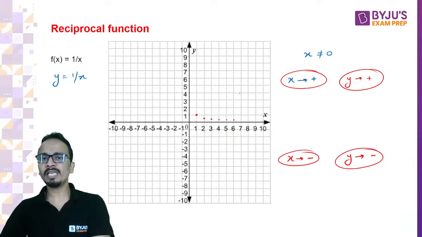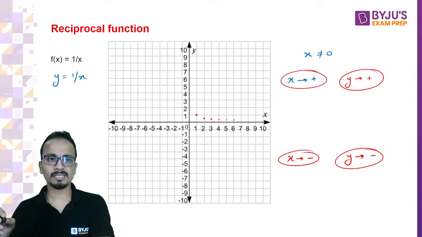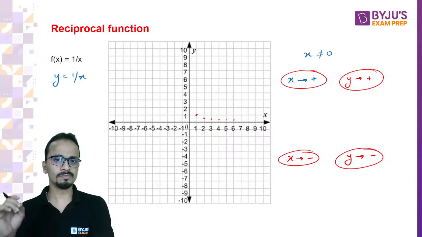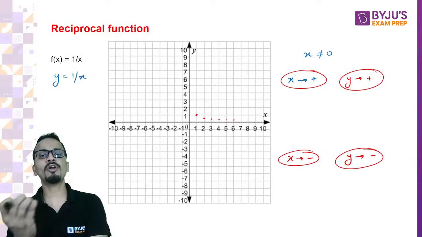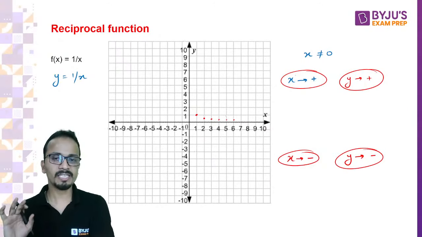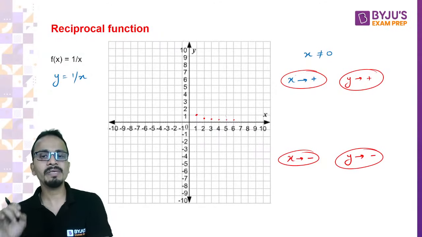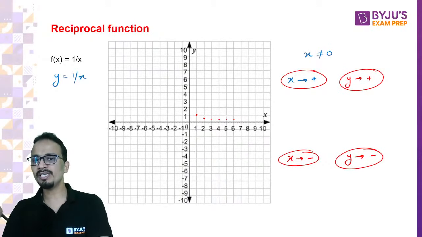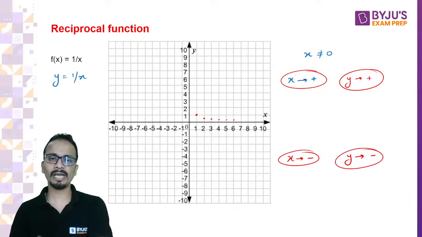The value will keep on decreasing, but it will never be equal to 0. x की कोई भी कितनी भी बड़ी वैल्यू पुट कर दो, the value of y will keep on decreasing. 0 के पास जाती रहेगी वैल्यू, but वो कभी भी 0 के इक्वल नहीं होगी. ठीक है, so the graph will keep on going near to the x-axis, right?